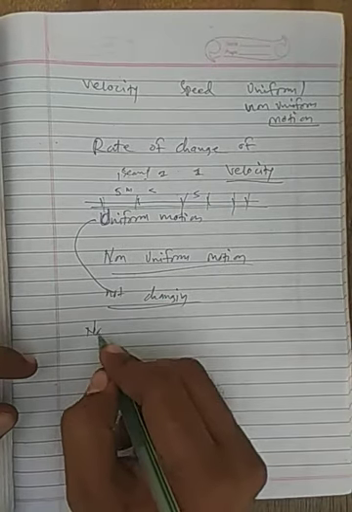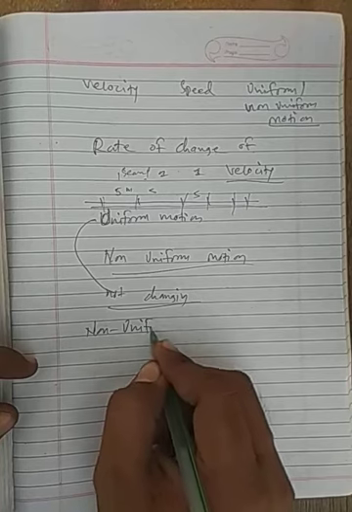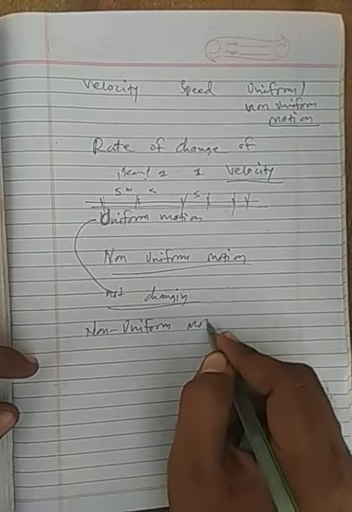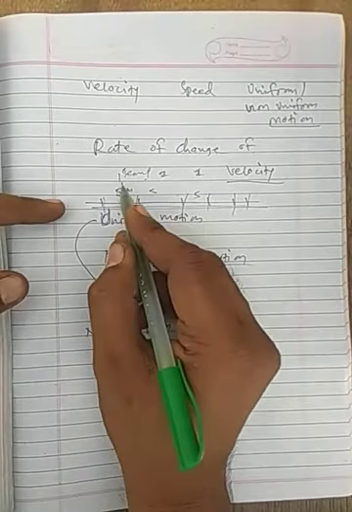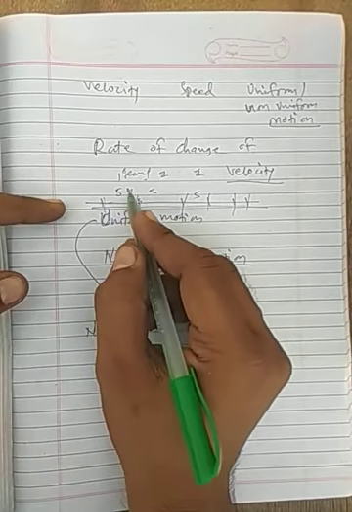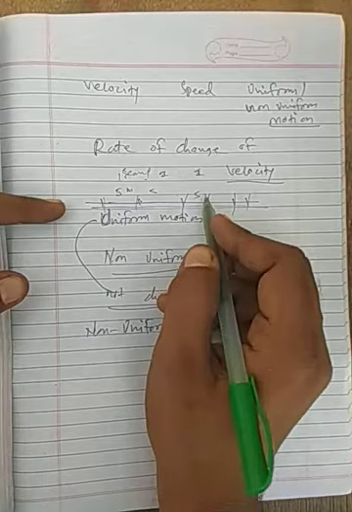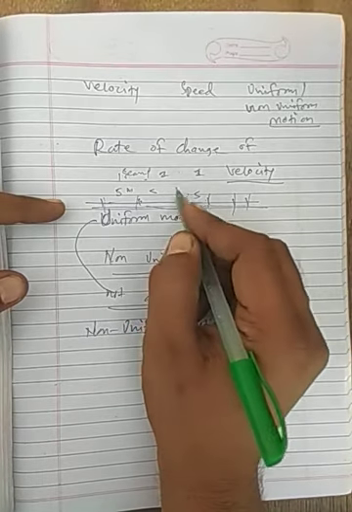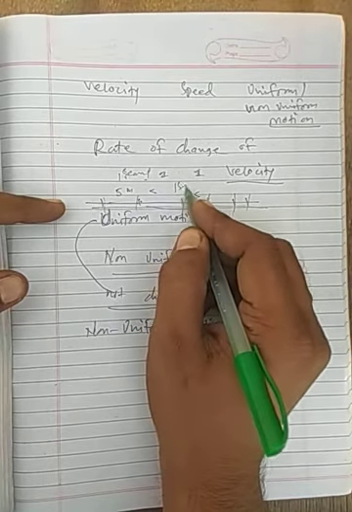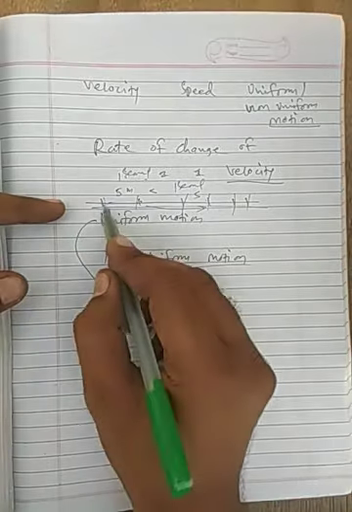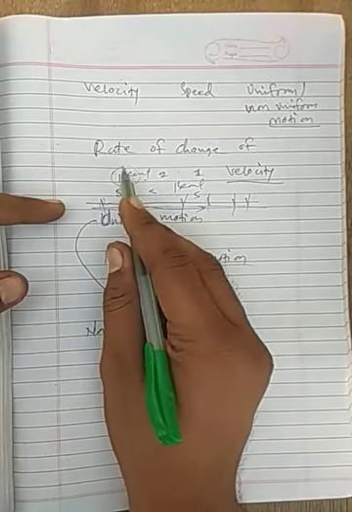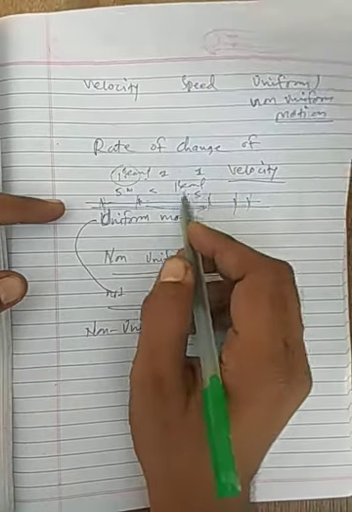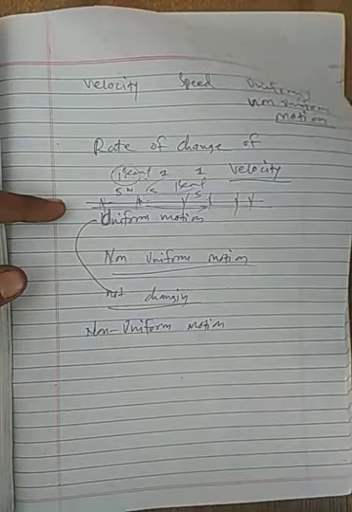But if you talk about non-uniform motion, it will cover 5 meter in the 1st second, but the next 10 meter in another 1 second only. So here you see velocity is changing, because it covered 5 meter in 1 second first and the next 10 meter in another second.